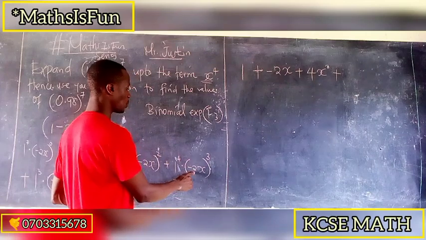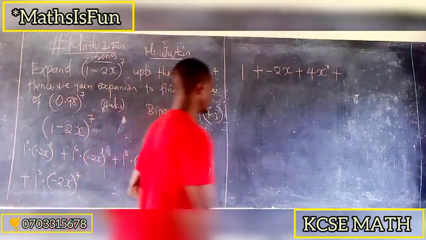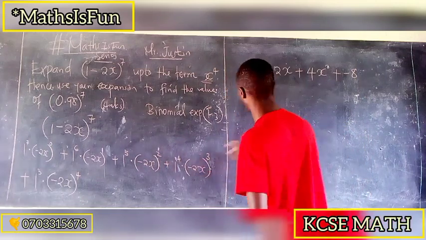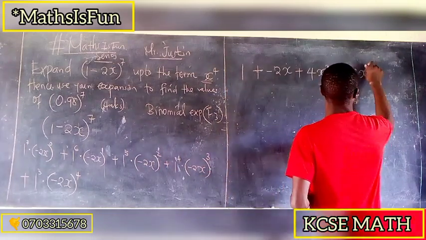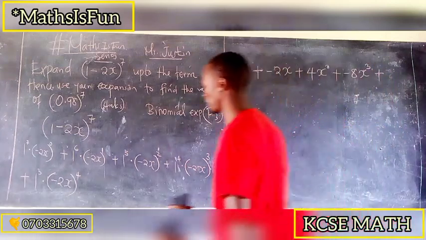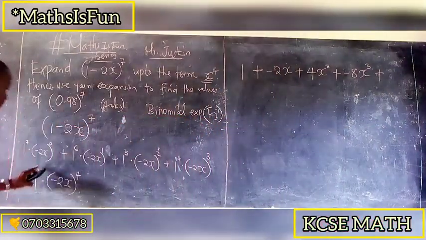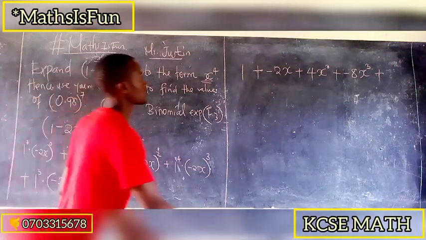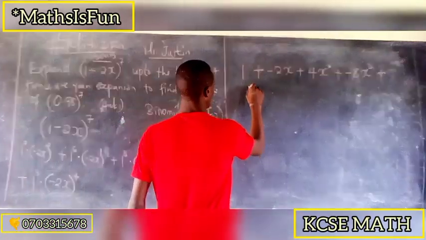Negative 2 power 3 gives me negative 8, then x power 3. Then plus the last term: 1 power 3 is 1, negative 2 power 4 gives me 16.